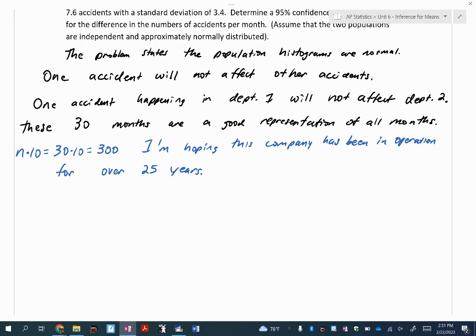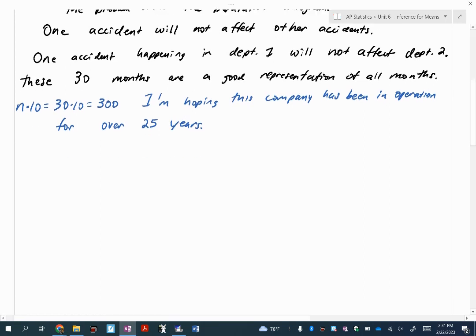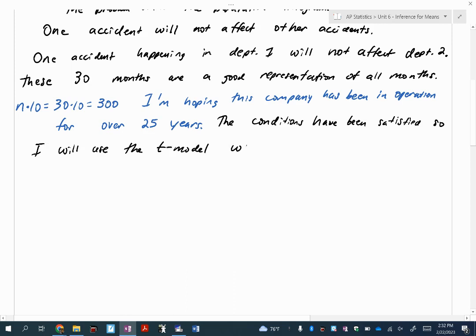So we're actually ready for our last sentence, which is the conditions have been satisfied. So I will use the T model with, do I know how many degrees of freedom?